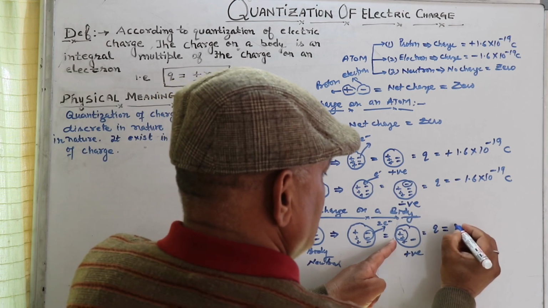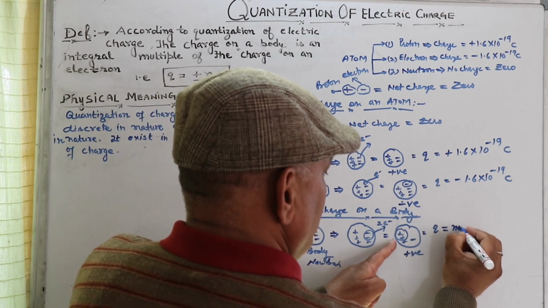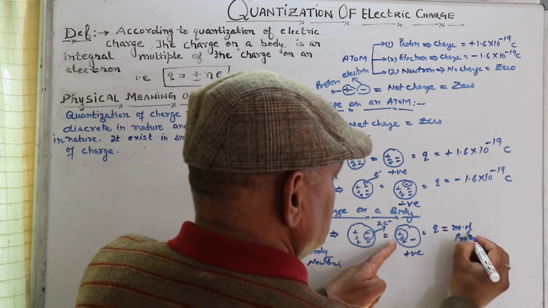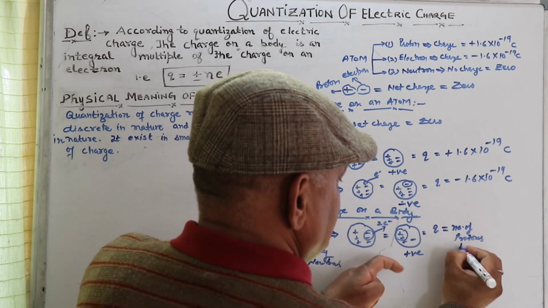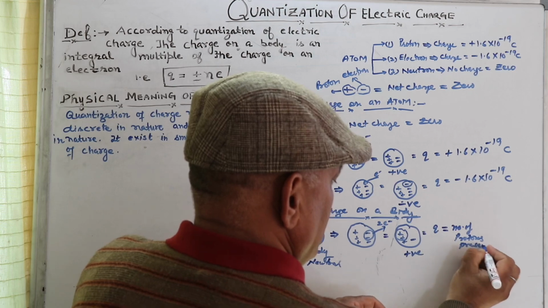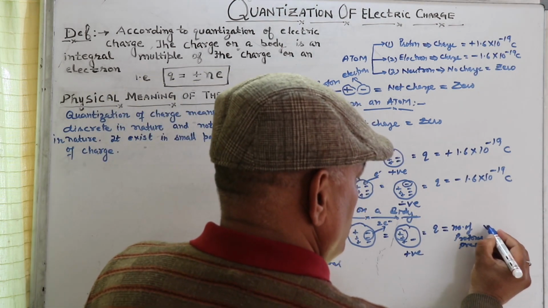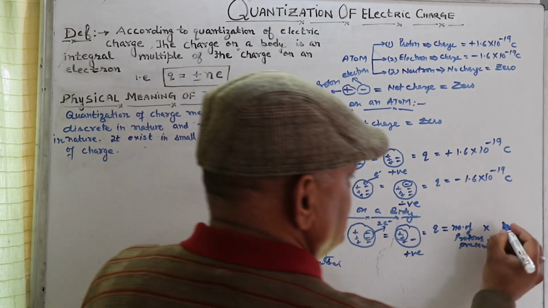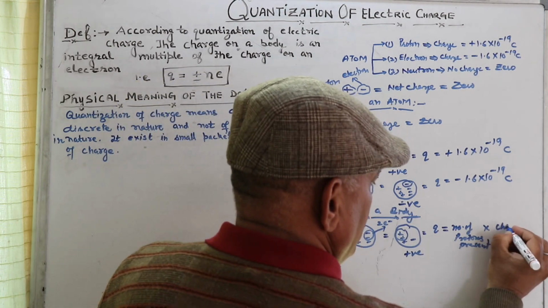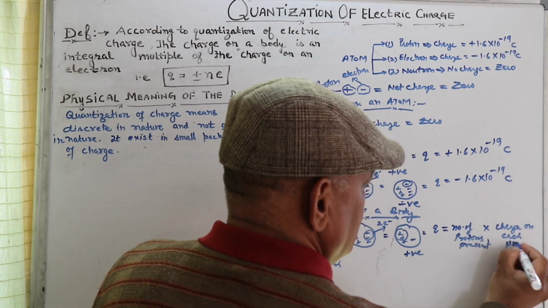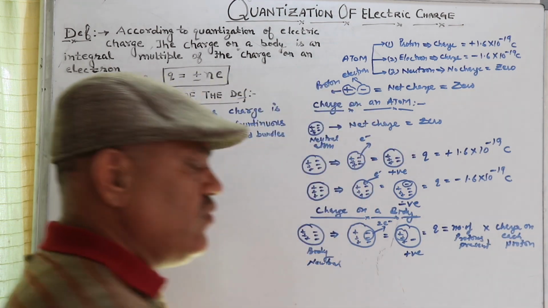So charge is the number of protons present into the charge on each proton.